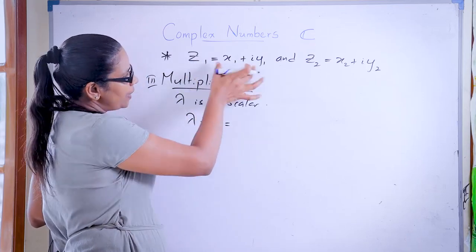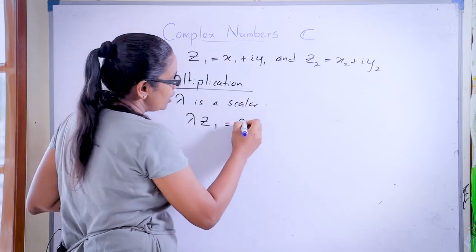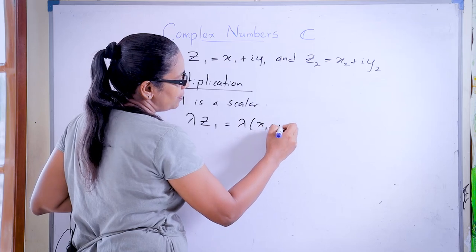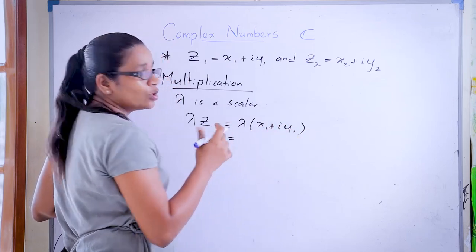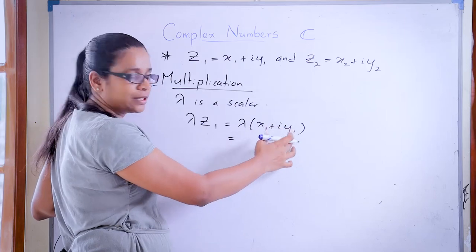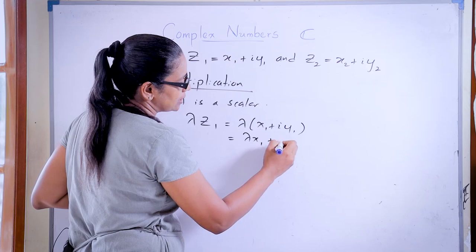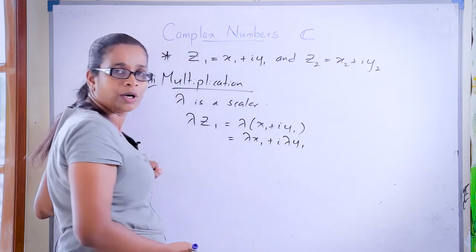You are going to multiply a complex number by a numeral. So, lambda into x1 plus iy1. When you do the multiplication, you have to multiply both real and imaginary part by this scalar. So, lambda x1 plus i lambda y1.